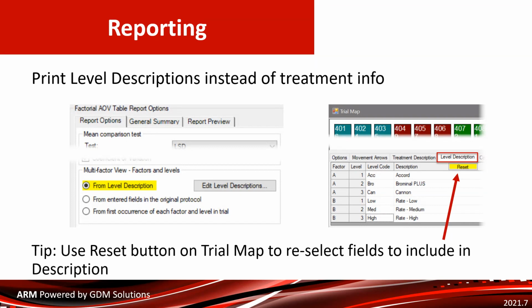You might have just too much information, and it gets crowded. This description you can just simplify. And whatever is entered here, if you choose this option from level description, that's the description that gets used on the report.